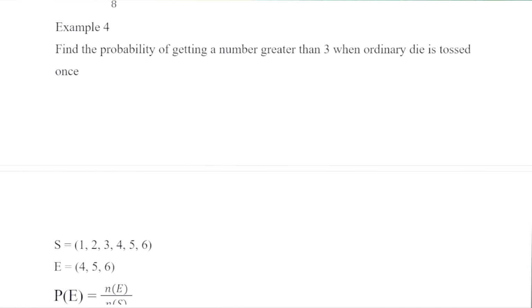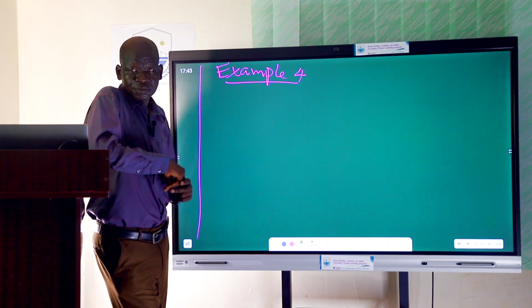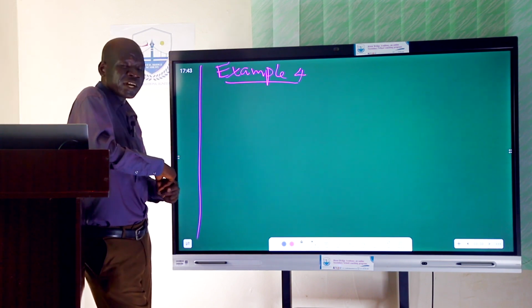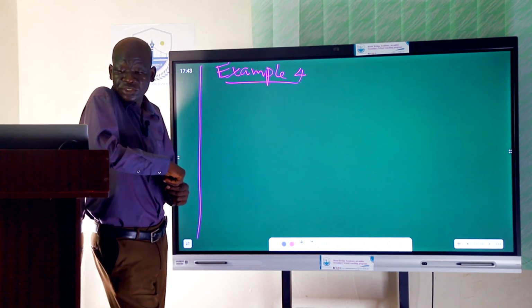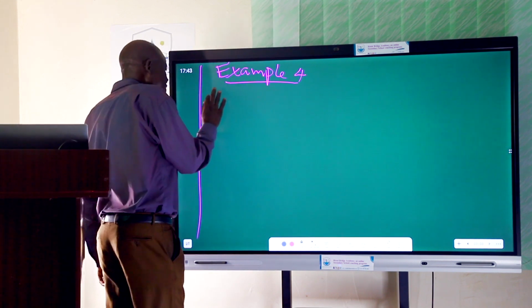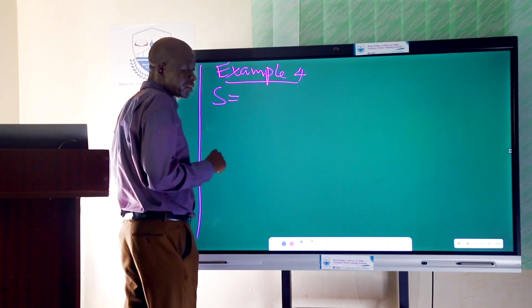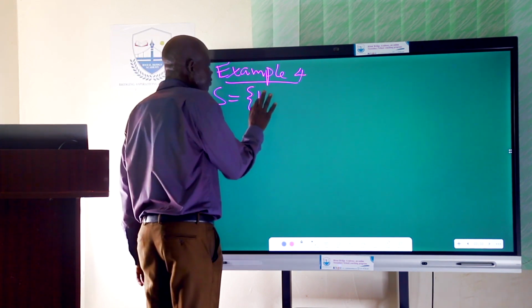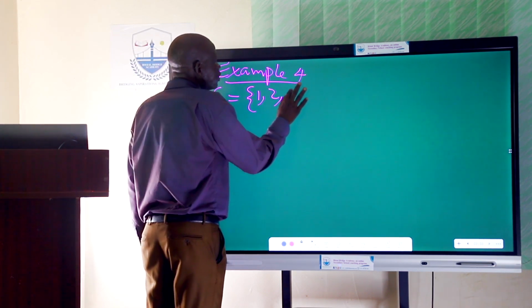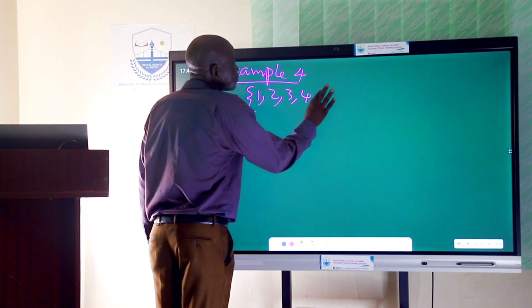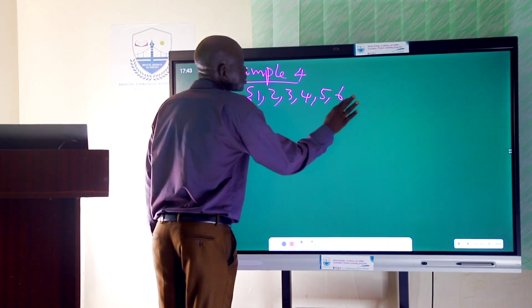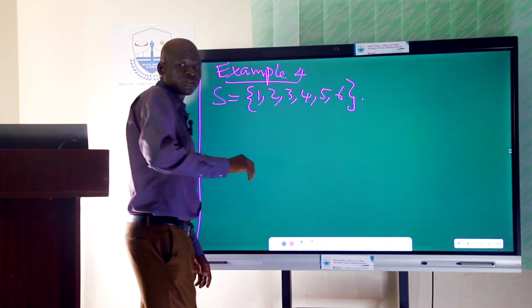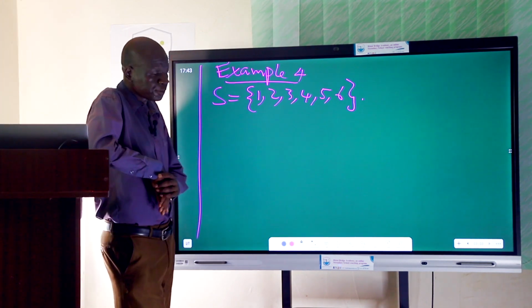So here we need to know, first of all, the sample space of the die. For the die has 6 faces. So meaning that the sample space of the die is equal to 1, 2, 3, 4, 5, 6, because there are 6 faces on the die.